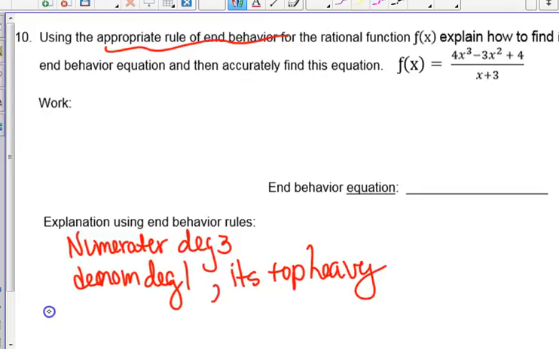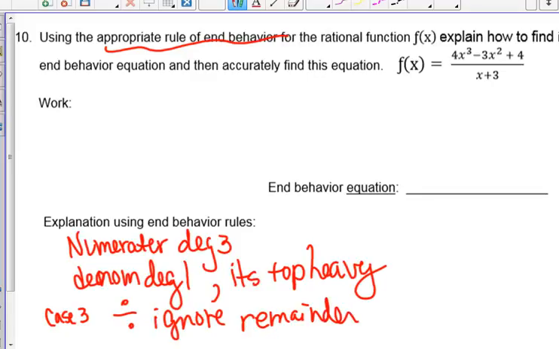So it says, I think that's like case 3 on your sheet, but it says to divide and ignore the remainder. So that's the explanation. You can divide.